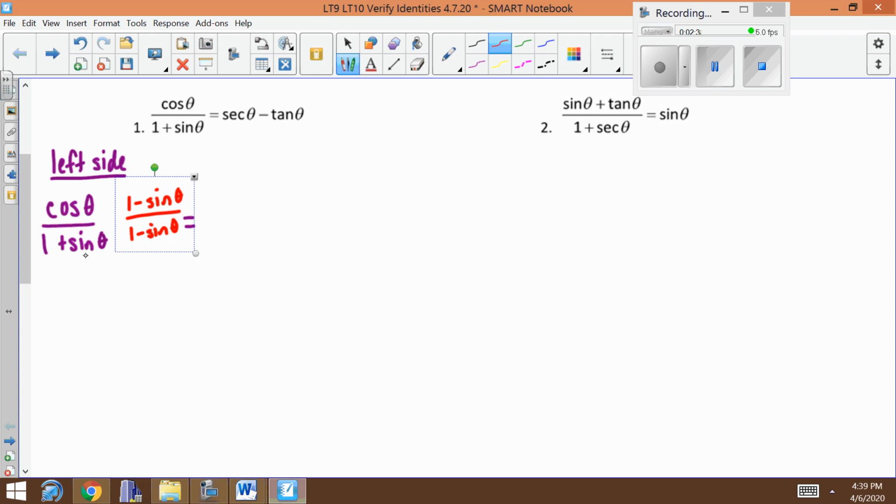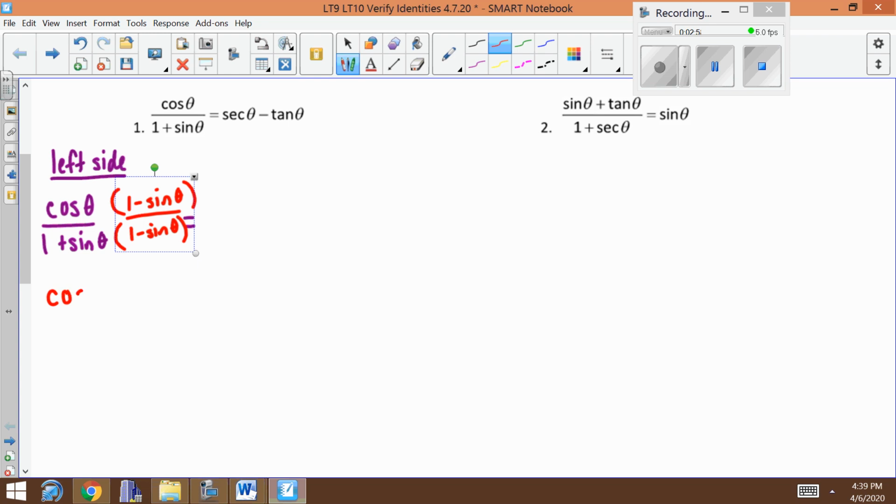If this is 1 plus the sine of theta, if you multiply by 1 minus the sine of theta, it actually does something useful for us here. Again, you have to multiply the numerator and denominator, because really what you're doing is multiplying by the equivalent of 1, so you're not changing anything on the left-hand side.